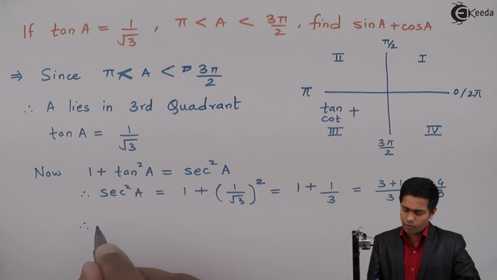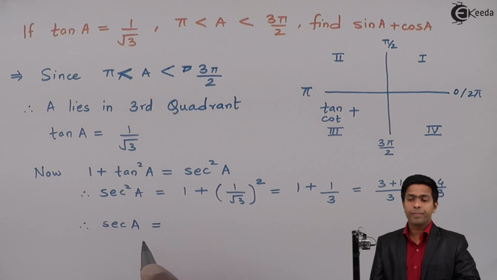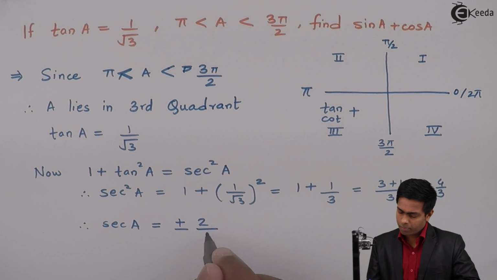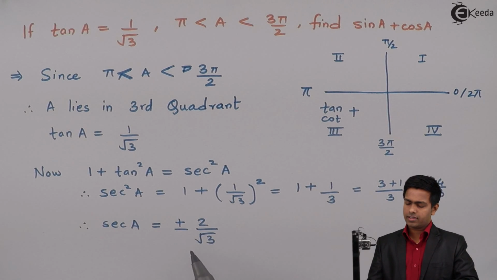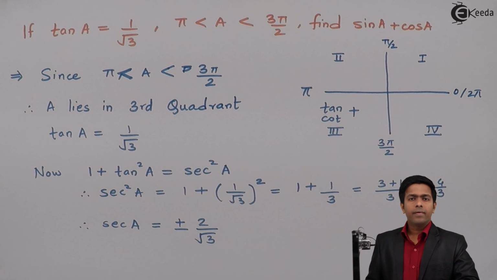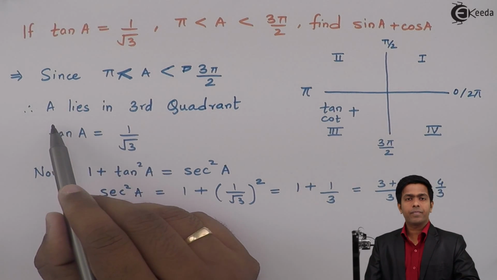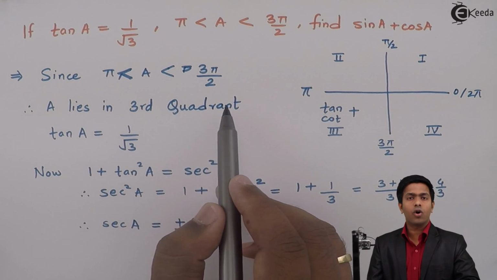So this is the value of sec square A, but we want value of sec A. So therefore I will take square root on both sides. So here I will get sec A, and on the right hand side we will get plus or minus 2 by root 3. So square root of 4 is 2 and square root of 3 is square root of 3. Now we got two values of sec. So one is positive and one is negative, but which value need to be considered? For that we have been given the angle A, and here it is said that angle A lies in third quadrant.